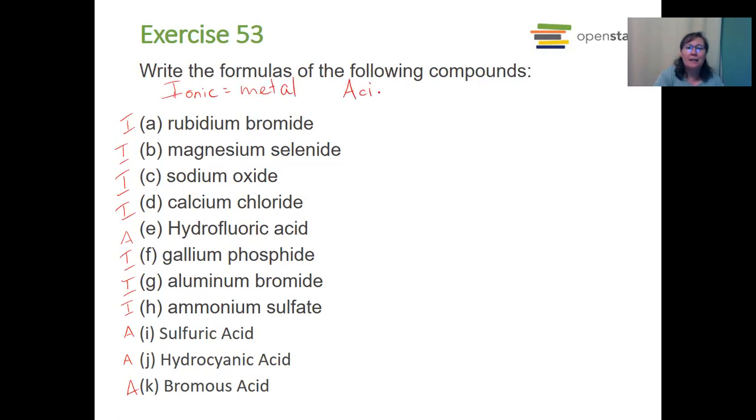If it's an acid, actually, we could say, instead of ionic, we'll say it starts with a metal. If it's an acid, it starts with hydrogen, or it starts with H+.